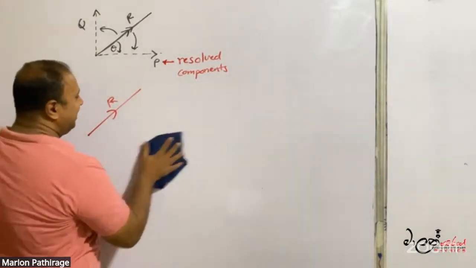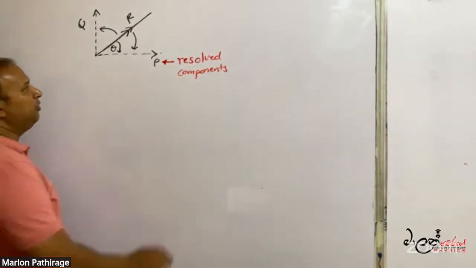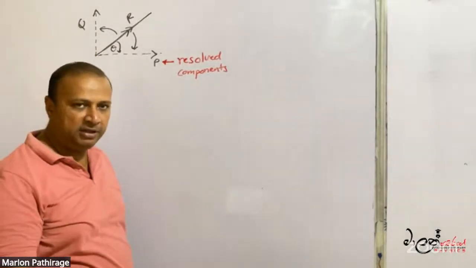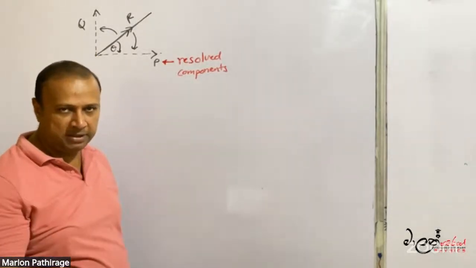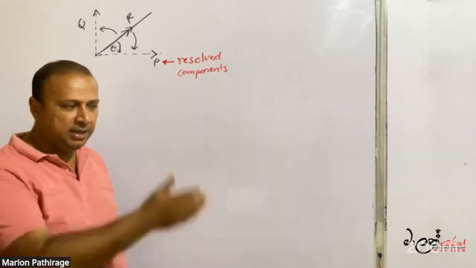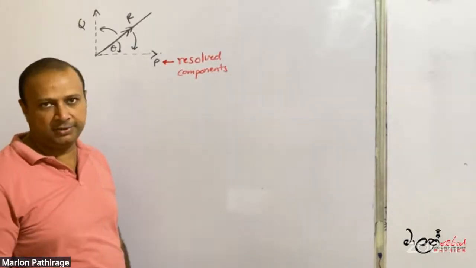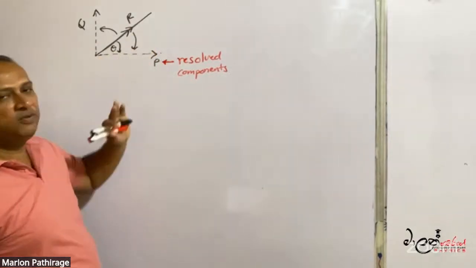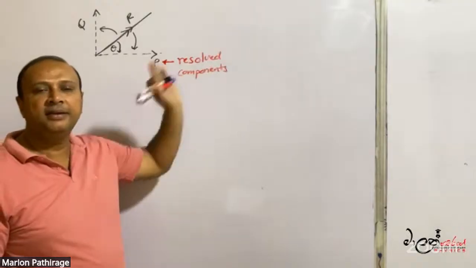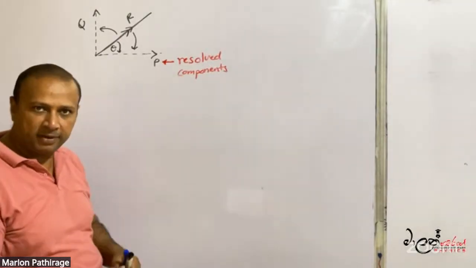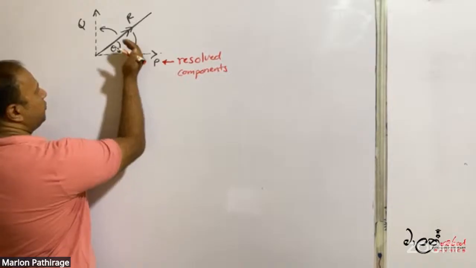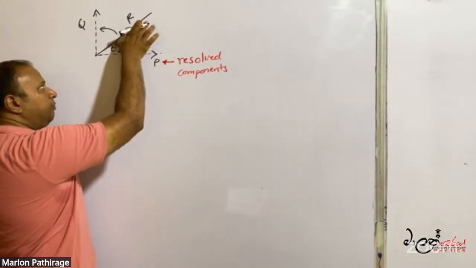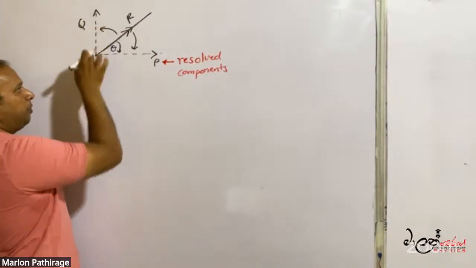Therefore, when you are resolving a vector, there should be two vector components in perpendicular directions. Then you can remove this vector and take the other two vectors. If you resolve this vector into two perpendicular components, you can replace this vector by these two components.